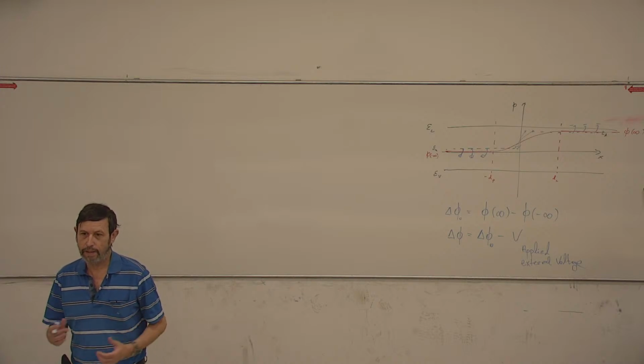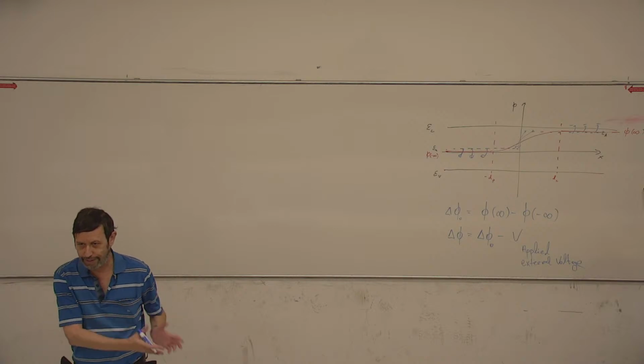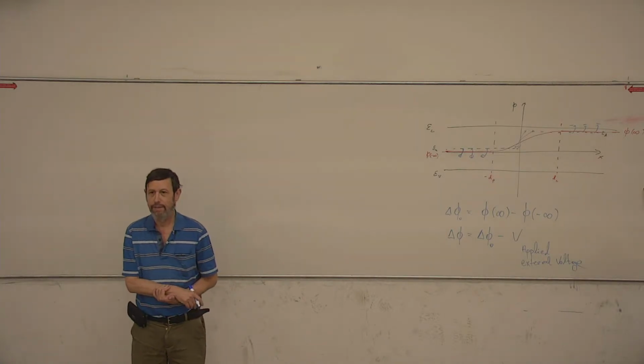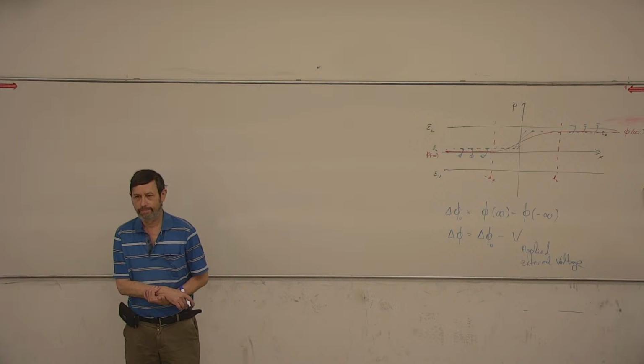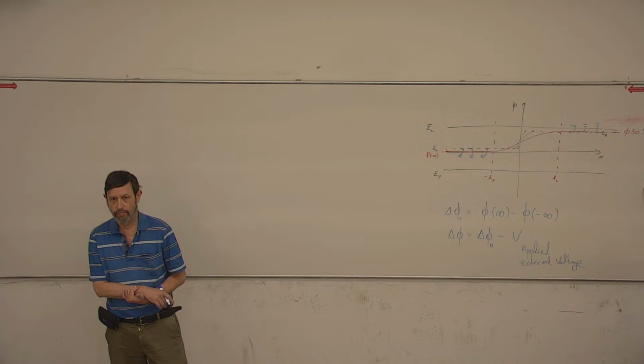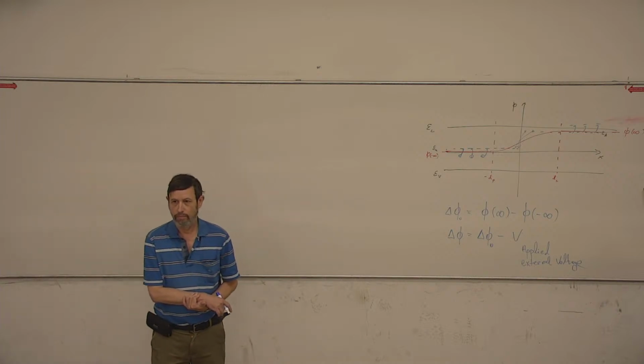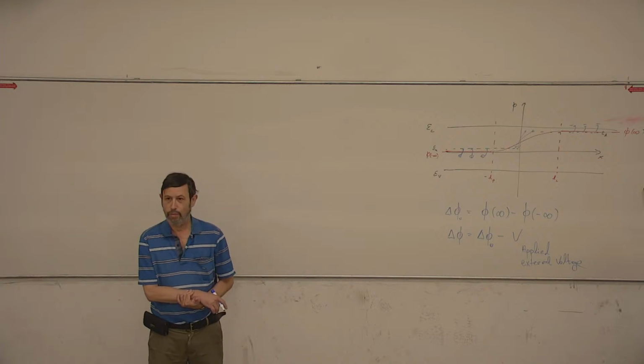Where will this electric field be expressed? Where will I be able to measure it if I could go into the sample and measure it? On the borders. Which borders? Like infinity and minus infinity.